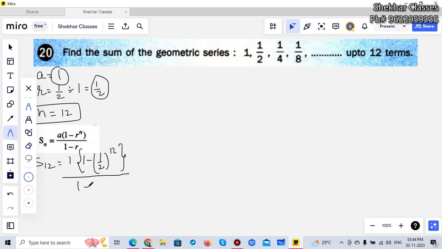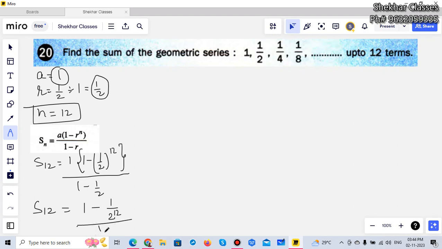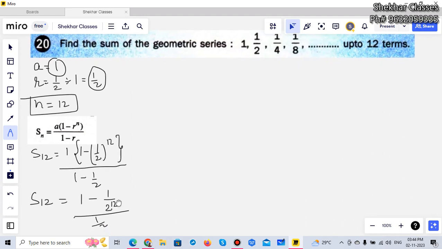And 1 minus half is half only, so I can write it as a half there.